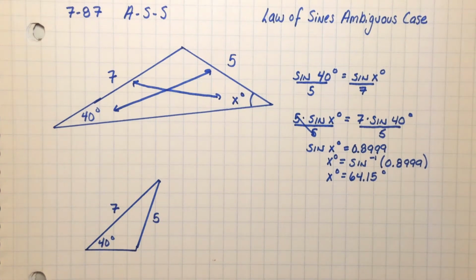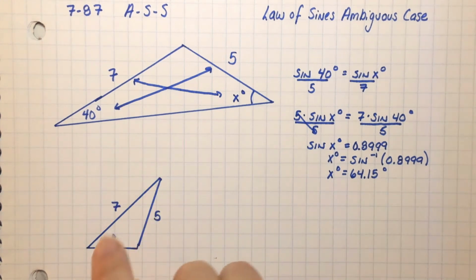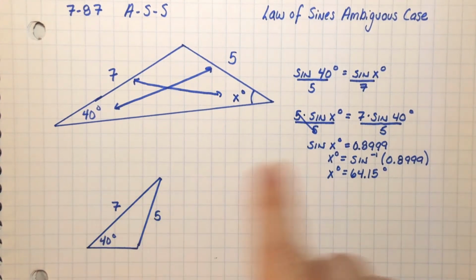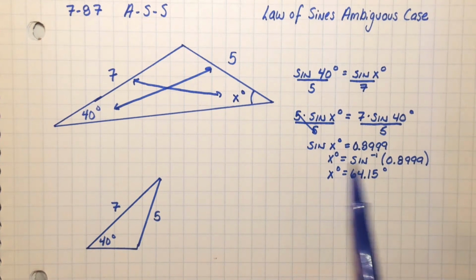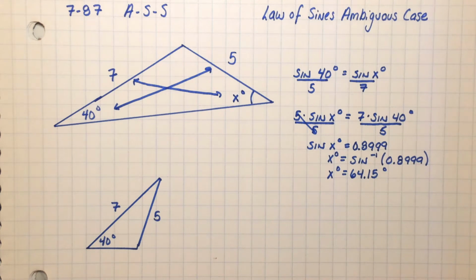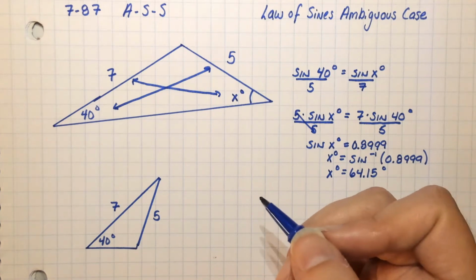Okay, this is not any different from what I have, but instead of 7 and 5 and then the long side, I have put 7 on the long side, which means that this angle needs to be bigger than 40, which is not a problem here. However, this angle, if you notice, is actually obtuse.